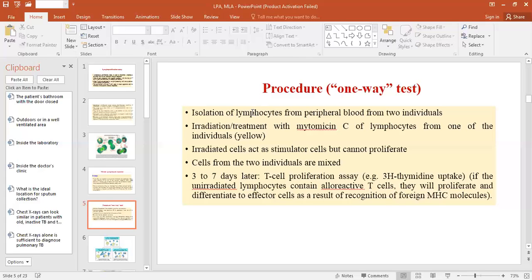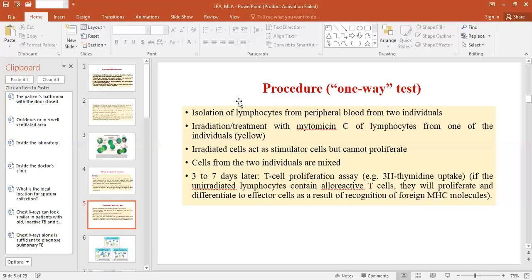So we can differentiate this proliferative lymphocyte from the effector lymphocytes, that is actually stimulating but not proliferating. These effector cells we can sort out as a result of recognition of foreign MHC molecule.